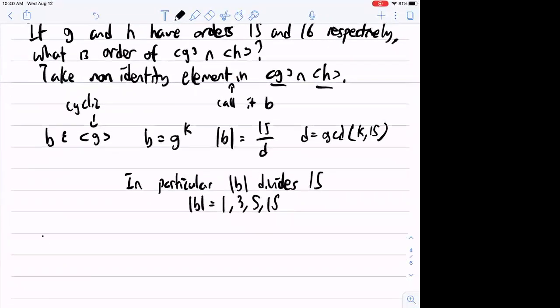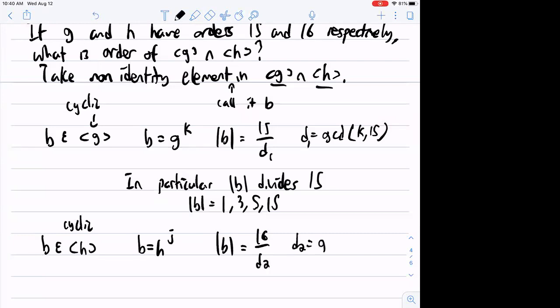On the other hand, B is in H, and B is H to the power j. I'm running out of letters. So the order of B is 16 over d2, where d2 is the GCD of 16 and j.